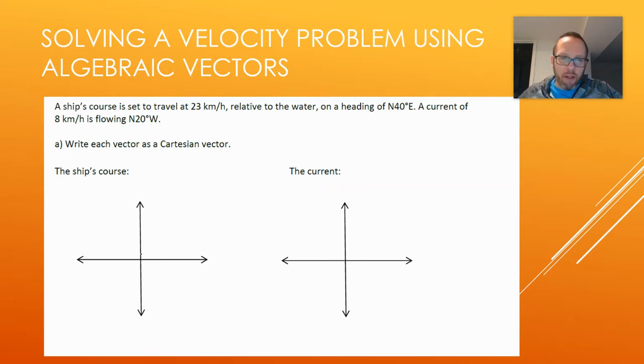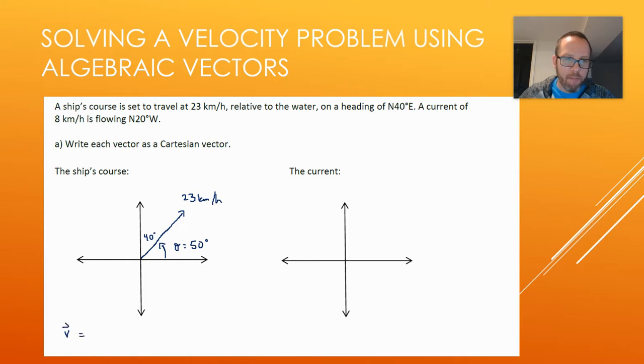north 40 degrees east. So north 40 degrees east is like that. So 23 kilometers per hour, north 40 degrees east. So for us, that will mean that our angle theta is 50 degrees. So I can write this down here.